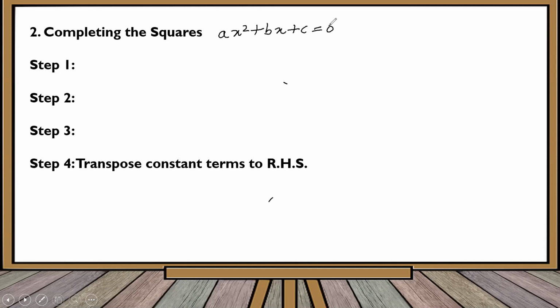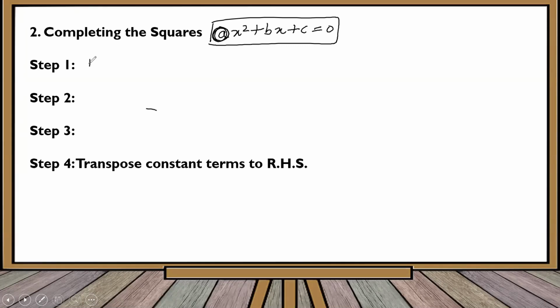So as far as the first step is concerned, here we have a general equation. Now this is your a. Okay, a is the coefficient of x square. So the very first step says that we need to divide the entire quadratic equation by a.